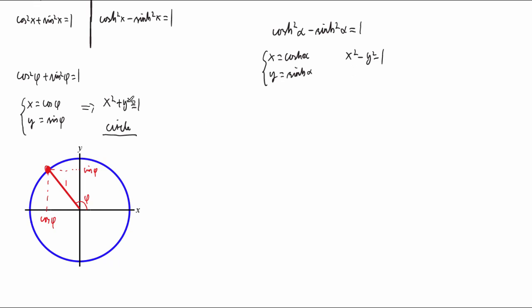Just as x squared plus y squared equals 1 is the formula for a circle, x squared minus y squared equals 1 is the formula for a hyperbola.